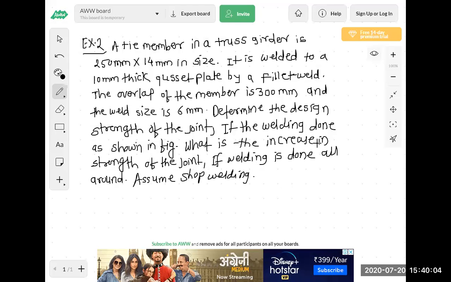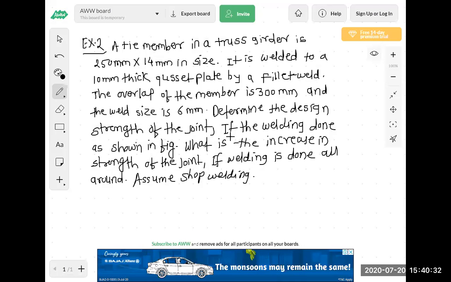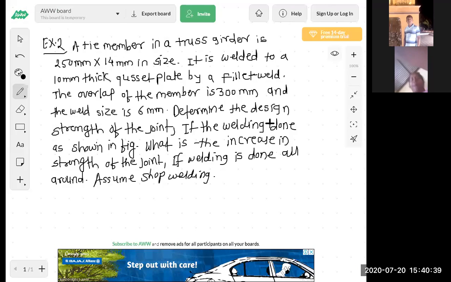See, this is the problem statement given. A tie member in a truss girder is 250 mm by 14 mm in size. It is welded to the 10 mm thick gusset plate by a fillet weld. The overlap of the member is 300 mm and the weld size is 6 mm. Determine the design strength of the joint if the welding is done as shown in figure.